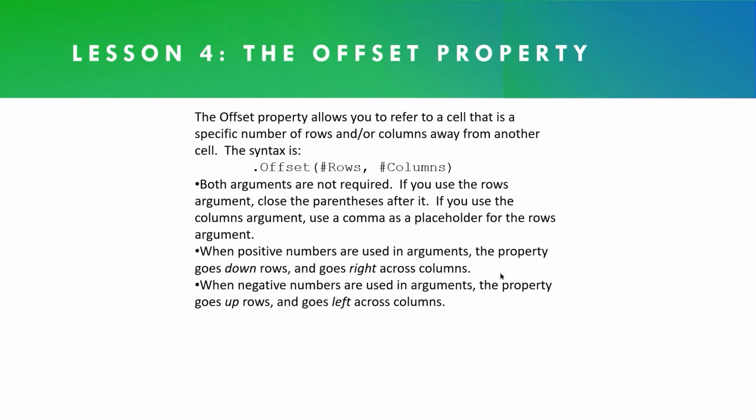If you use the rows argument only, close the parentheses after it. If you use only the columns argument, use a comma as a placeholder for the rows argument. When positive numbers are used in arguments, the property goes down rows and right across columns. When negative numbers are used, the property goes up rows and left across columns.